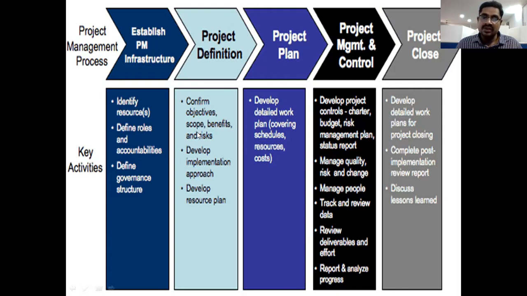For this purpose, we need to understand the project targets, scope of the project, benefits from the project, and what risks we will face from our project. Apart from this, implementation actions under resource plans come under the project definition.